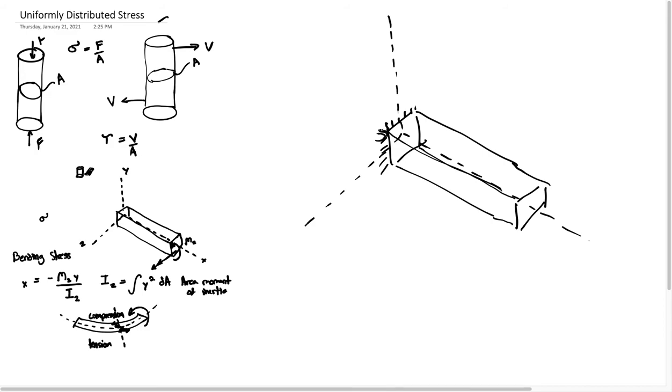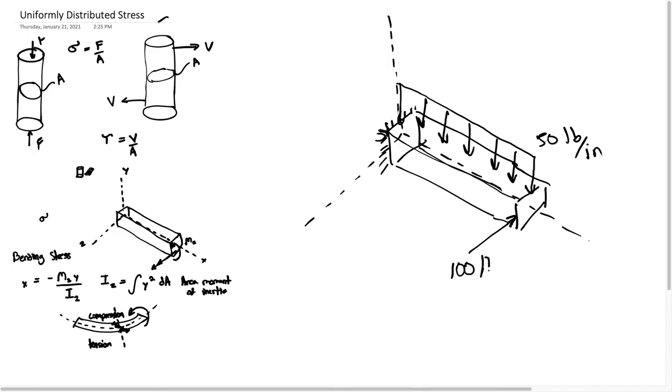Okay, and then we're going to put a distributed load on top of this beam. So we're going to say there's a uniformly distributed load on top of this beam, which is 50 pounds per inch. And then we're also going to put a force on the side of the end of this beam as 100 pounds.